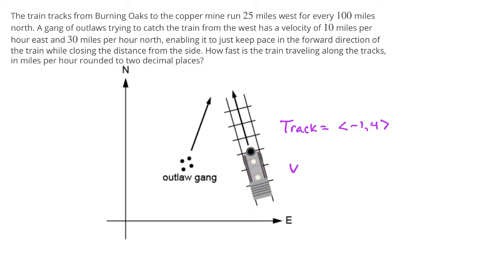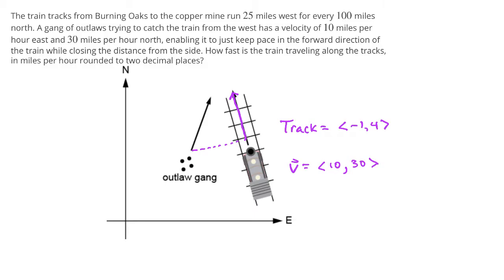Then we also have the velocity vector for the group that's trying to catch the train. For our velocity vector, we're told that we have a horizontal velocity of 10 miles per hour and a vertical velocity of 30 miles per hour. If they are keeping up with the train, what we're looking for is how much of our velocity vector is in the direction of the track.